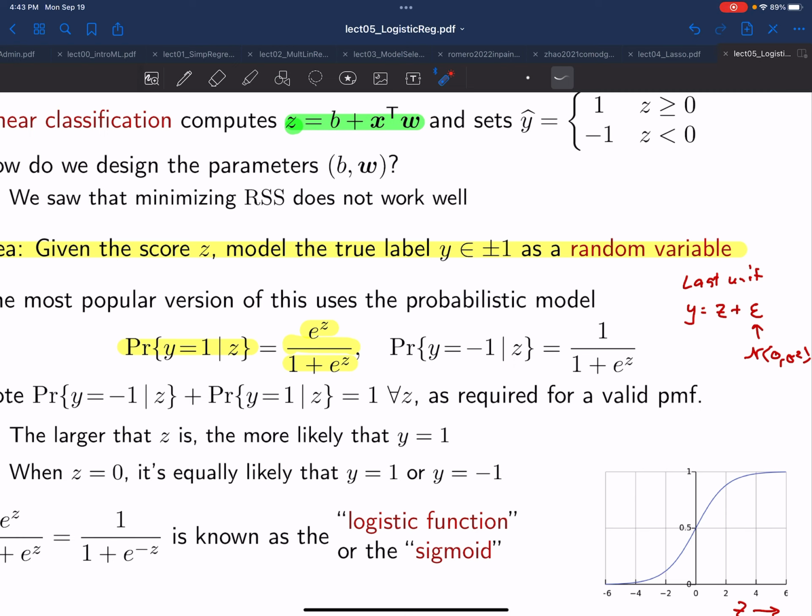And then the new thing we're trying to understand is this probabilistic model for y given z. It wouldn't be too much work to do some pre-processing of our x's, and we could just replace those x's with polynomial versions of x. It wouldn't really change anything we're doing here. It's definitely possible. We're not doing that, we're just doing the simpler thing, but we could do that if we wanted.